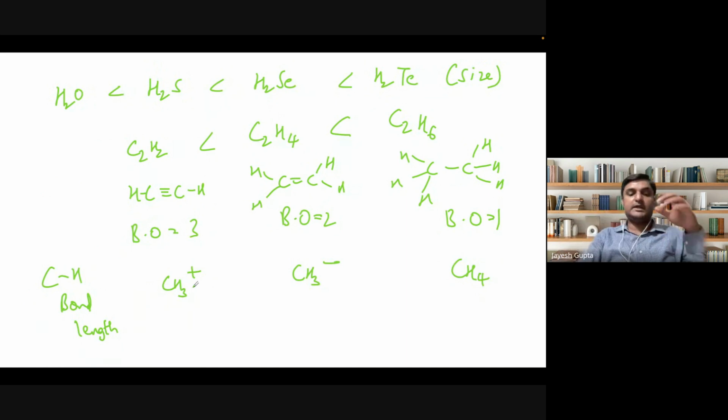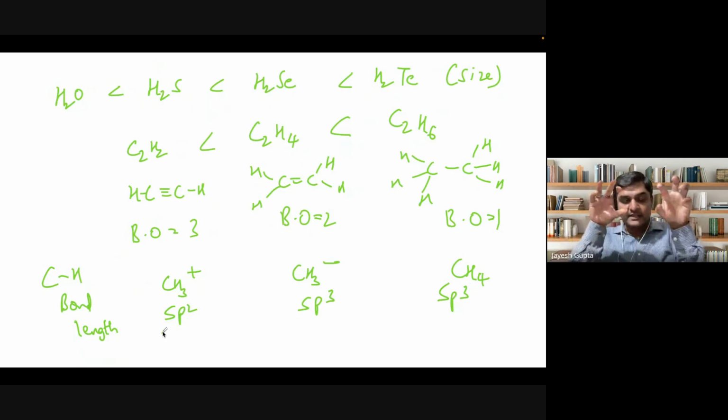Bond order is same and the atoms are not different, so you cannot look for size. Carbon, carbon, carbon is there. So here only you can see percentage S character. So for percentage S character, this will be sp2, this will be sp3, this will be sp3. So what I told you, percentage S character increases, more tendency to attract electron, the bond length decreases.